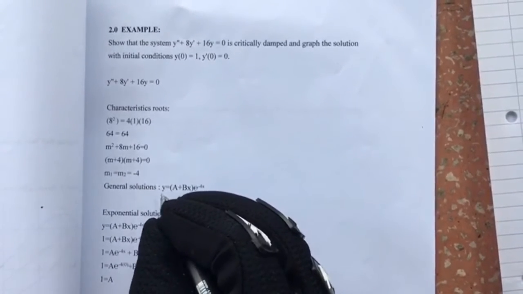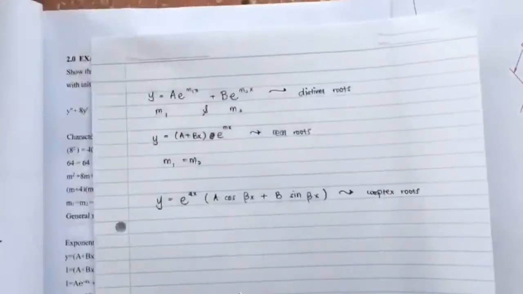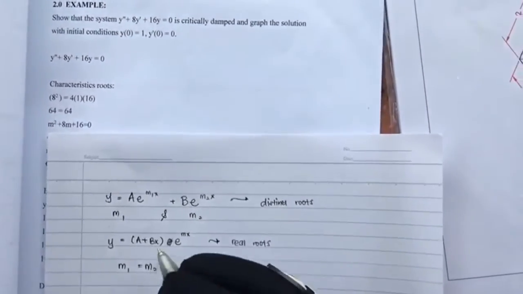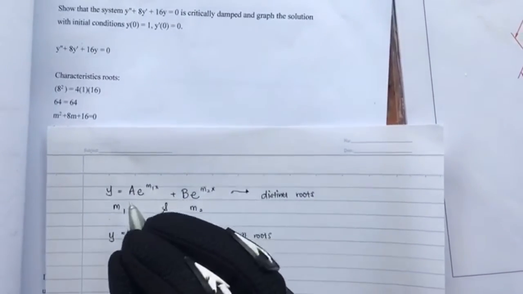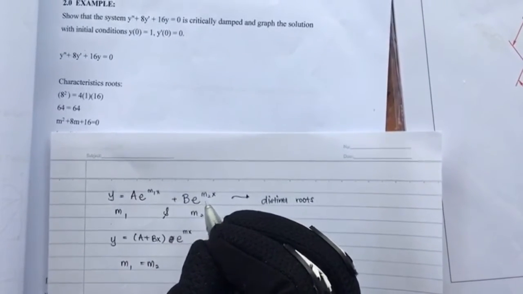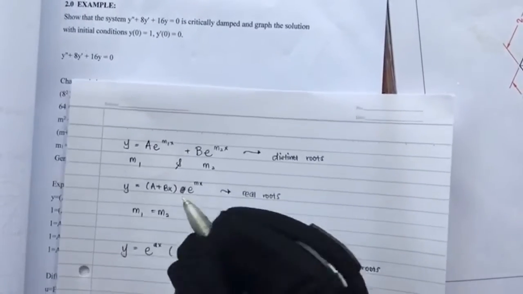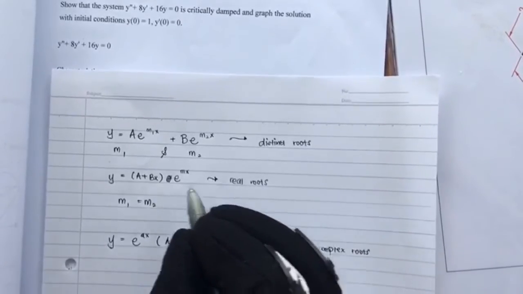We will use this formula. I will explain: when we have different roots, we use this formula, Ae^(m1x) plus Be^(m2x). When the roots are the same, we use this formula.